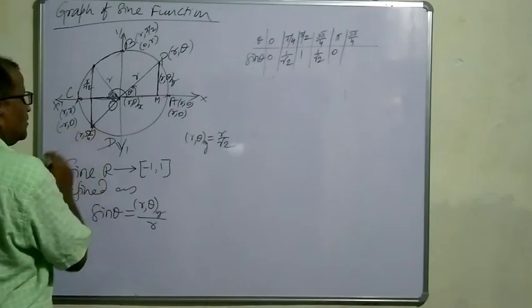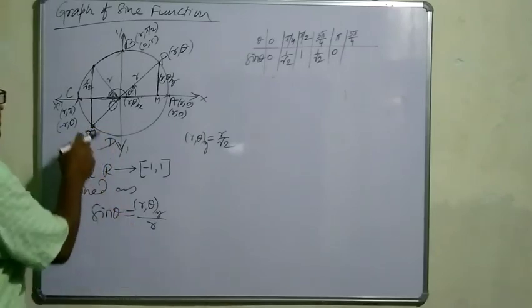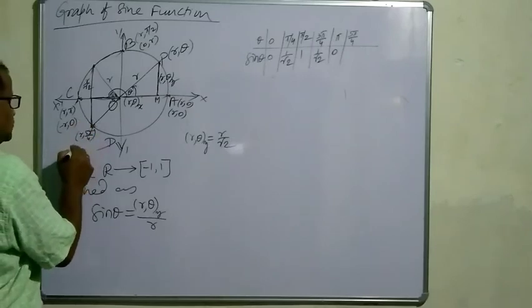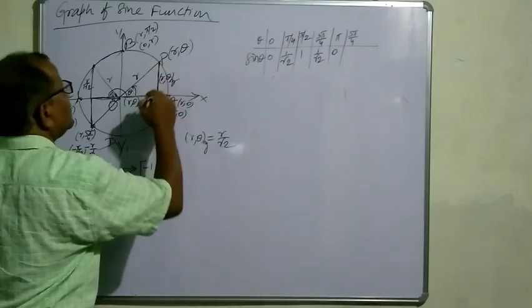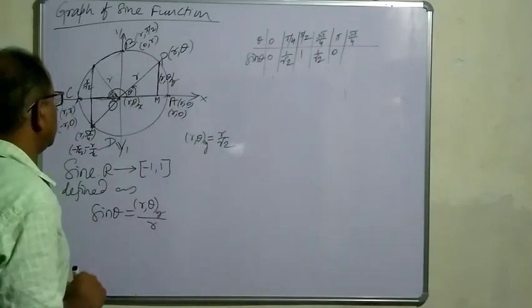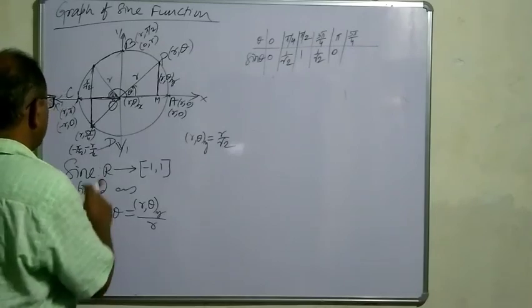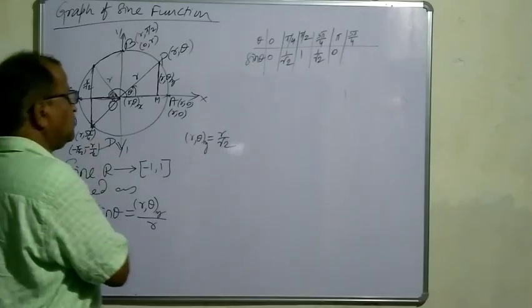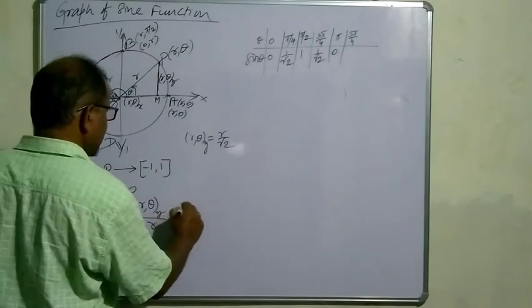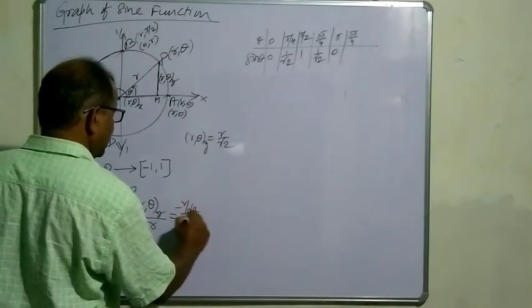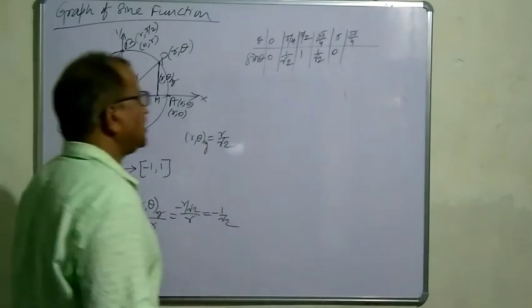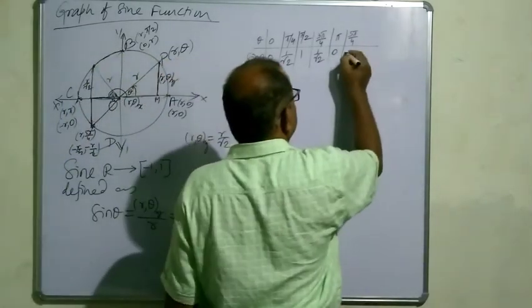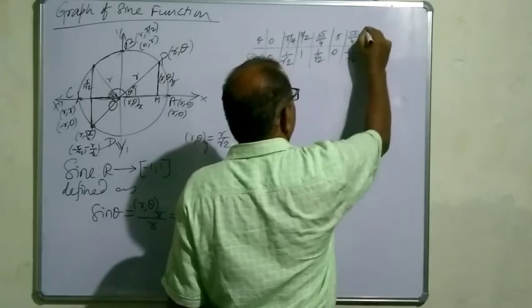This is the polar coordinates, and its Cartesian coordinates will be minus r by root 2, minus r by root 2. It will be like this, right? So minus r by root 2 by r, that is minus 1 by root 2. Its value will be again from 0, it is decreasing now, minus 1 by root 2.